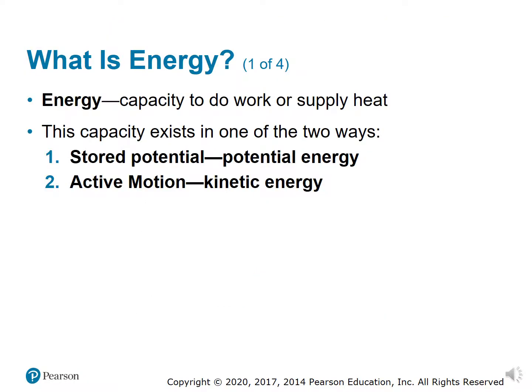So what is energy? Energy is the capacity to do work or to supply heat. And there's really 2 ways of looking at it. There's stored potential energy, or there's kinetic energy. So when I think of potential energy, I think of position.